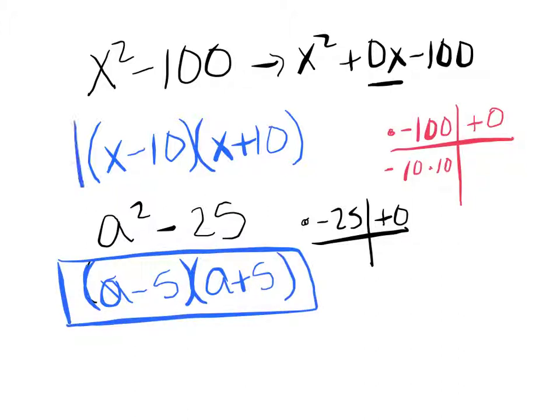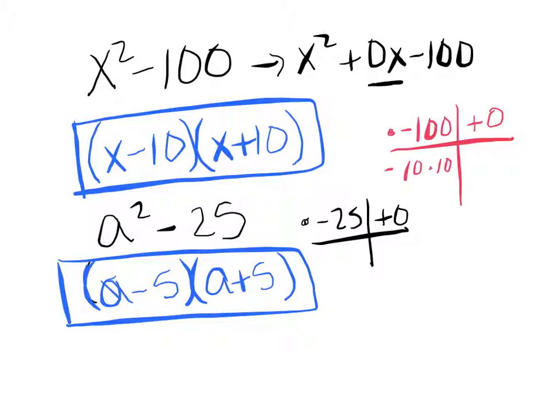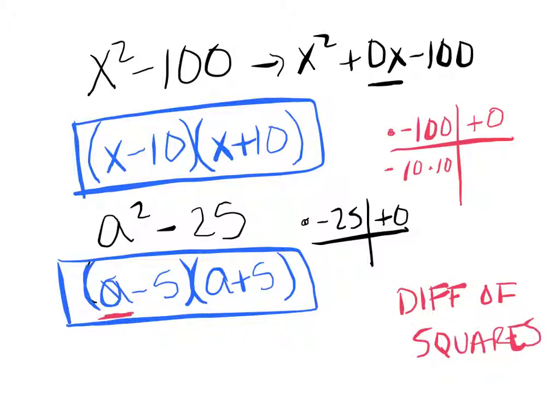Now, if you look at your two answers, you can see that this difference of squares type follows a pattern. So this special case is called difference of squares. If you have a difference of squares, it's the square root of the first term and the square root of the first term, and the square root of the second number and the square root of the second number. One of them is always negative, one of them is always positive. What's handy about this, though, is that you don't have to use this little special case rule. You can always use one of our other factoring methods to get this solution.